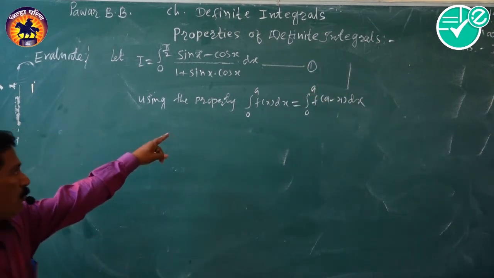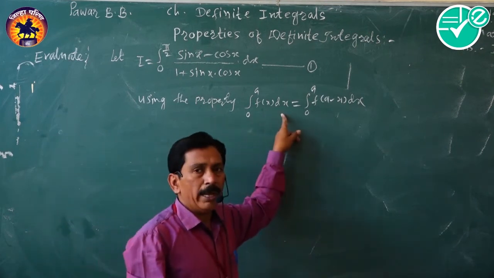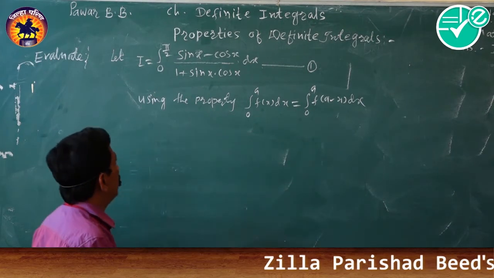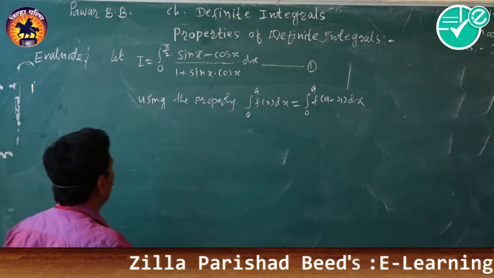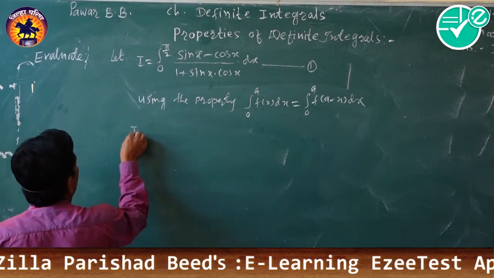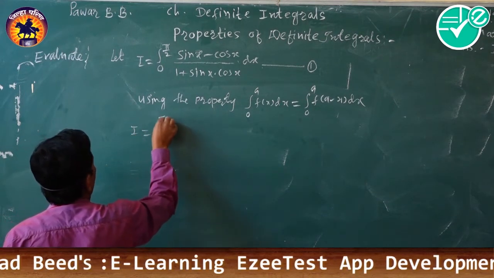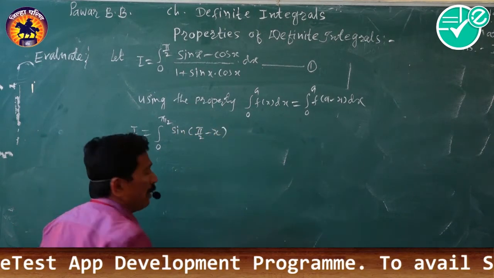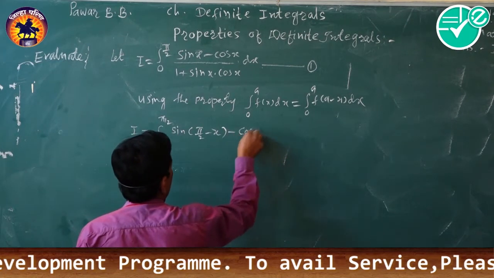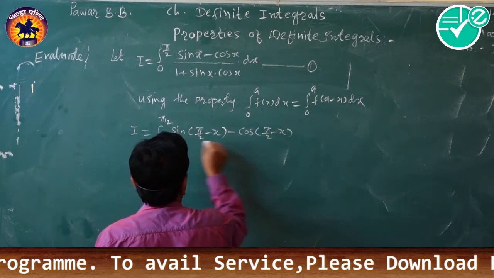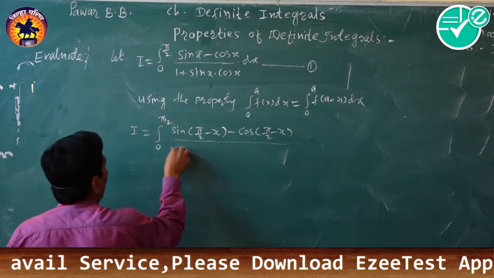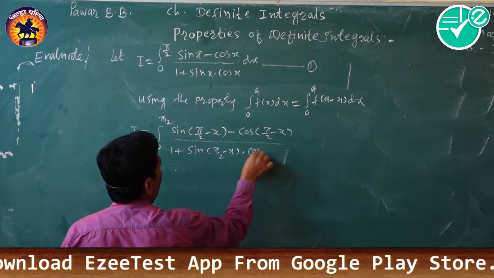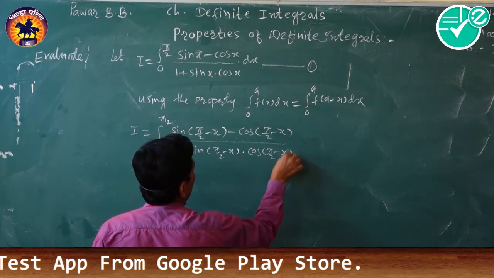Again using the property, integration from 0 to a f of x dx is equal to integration from 0 to a f of a minus x. Here the value of a is pi by 2. Therefore I becomes integration from 0 to pi by 2 of sine of pi by 2 minus x minus cos of pi by 2 minus x whole divided by 1 plus sine pi by 2 minus x into cos pi by 2 minus x into dx.